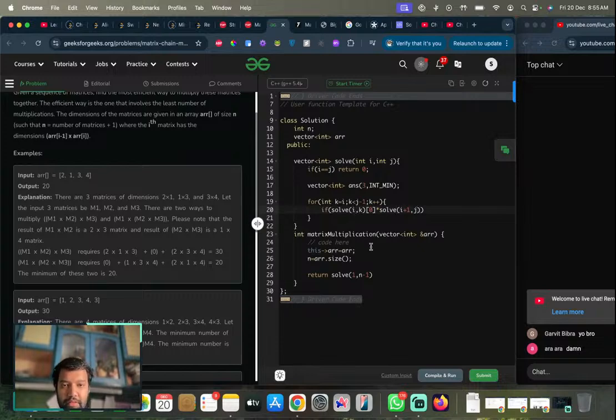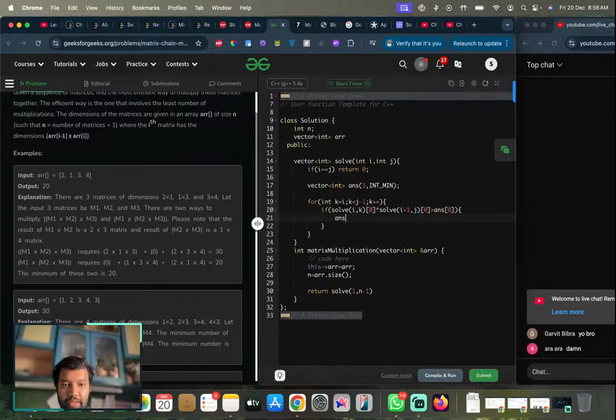Sorry, so of 0 greater than answer of 0, if that is the correct answer, is equals to multiplication of this, comma.